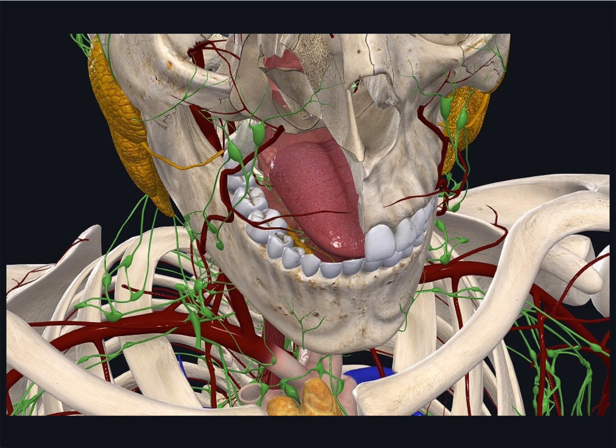Then I'll show you examples of these secondary lymph nodules in the palatine tonsil, here at the entrance to the upper respiratory tract and the gastrointestinal tract, and lingual tonsils on the posterior region of the tongue.